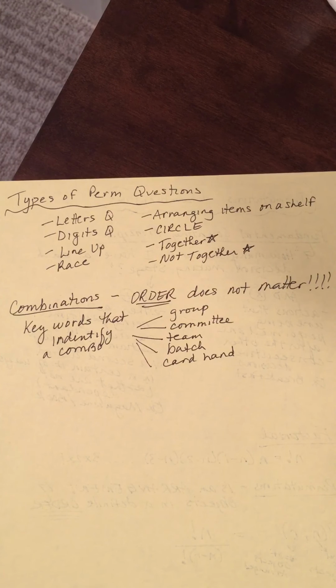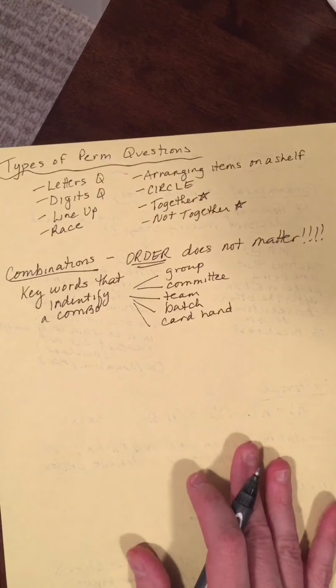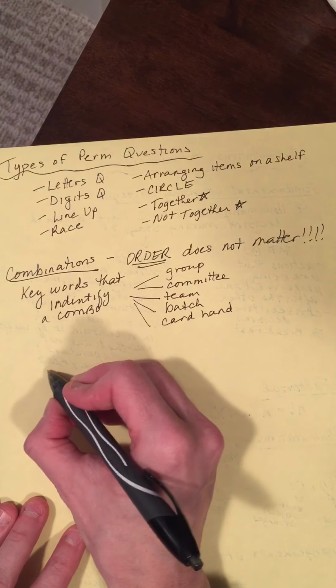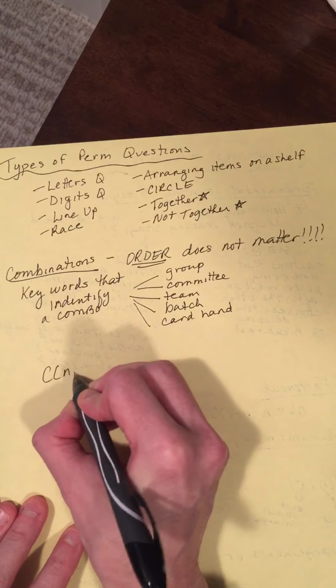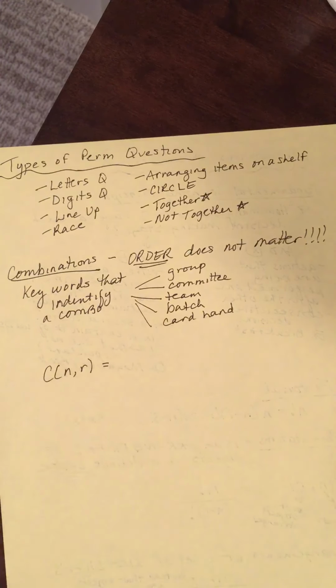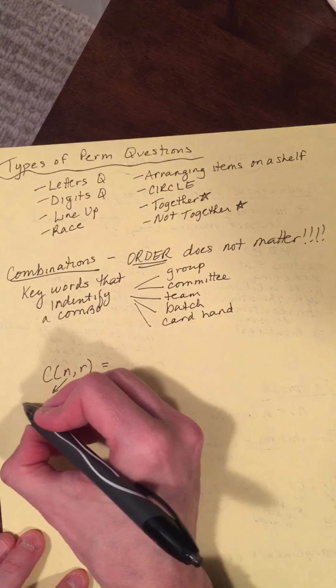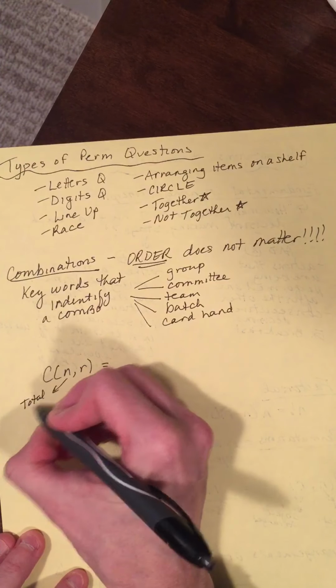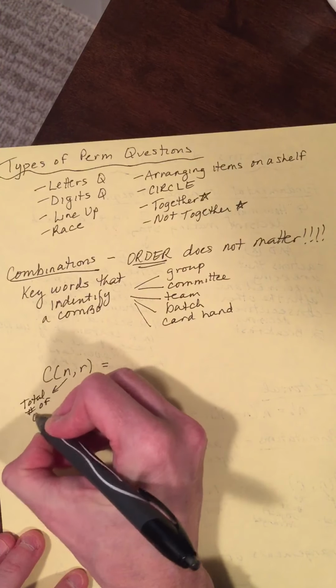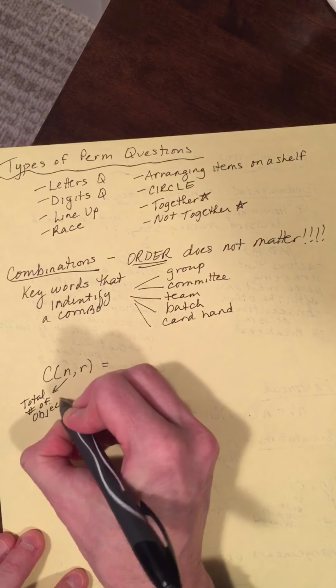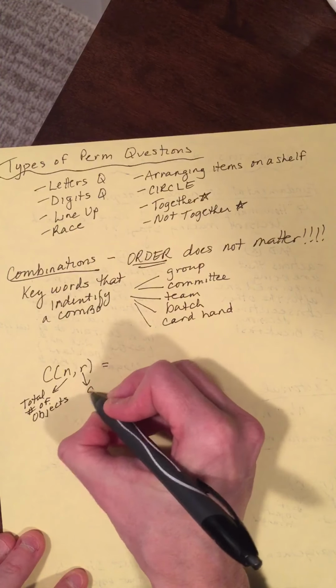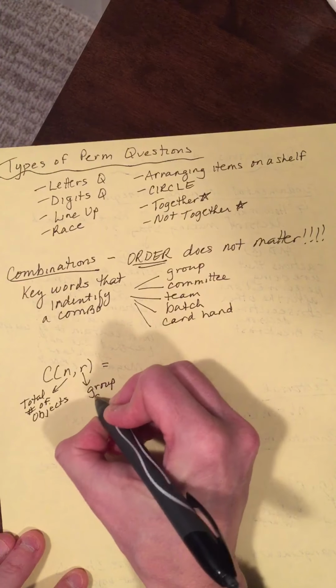Okay? Now, there was a formula that also went with it, and it was a combination of n choose r, again, n being your total number of objects, r being your group size.